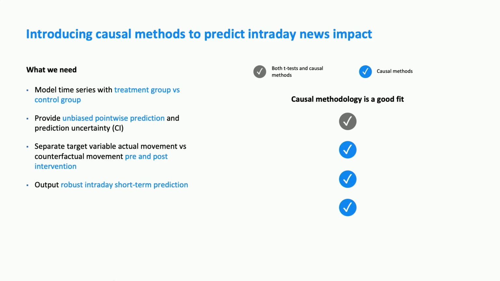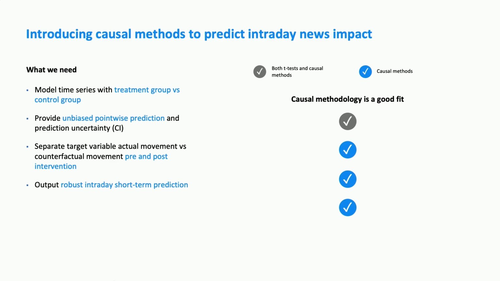We want to know what the stock was doing pre-event and what happens after the event, and how we assess that impact after the event. For t-tests, it only met really half of the first requirement. And the causal inference methods, as we're going to see, match the other three, all four requirements.